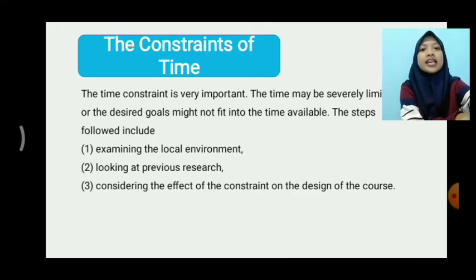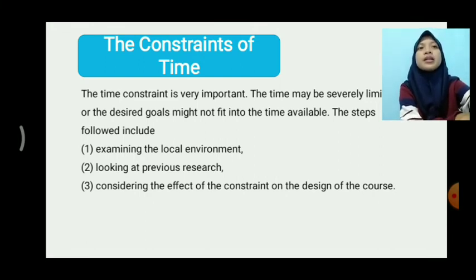The first is examining the local environment. Useful information to gather about the constraints is how much class time is available, how much time out of class could be given to learning, and what the goals of the course are. The second is looking at previous research. Useful research information would reveal what could be achieved within certain time periods.